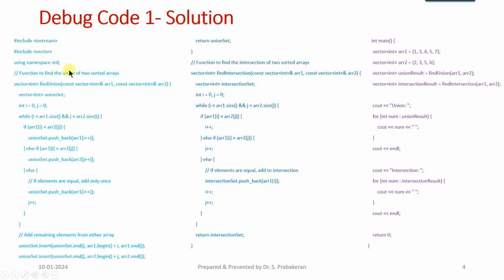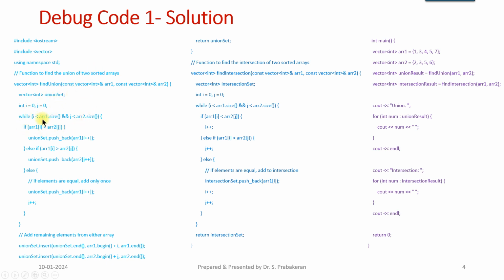Now coming to the first one, the find union function. This function takes two arrays as input and returns their union. You can see it uses two pointers i and j, which traverse array 1 and array 2 respectively. The main logic here is important.